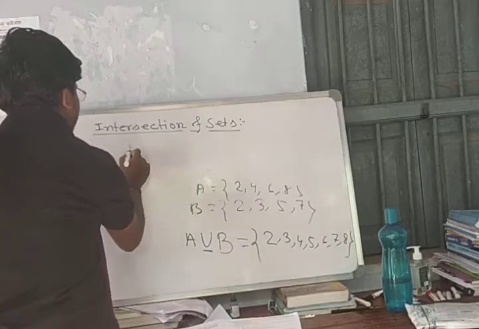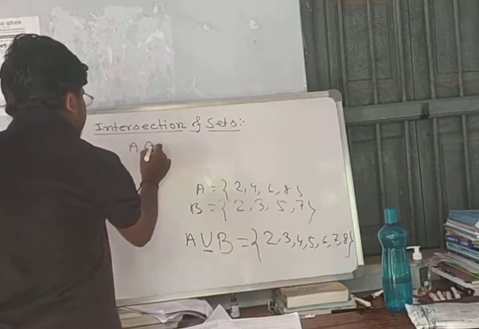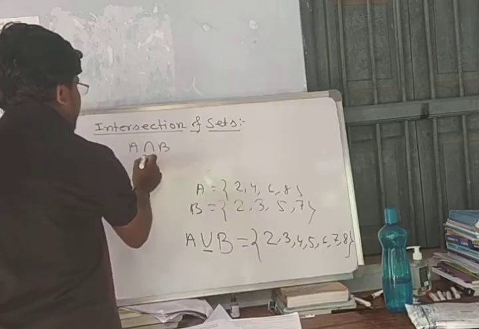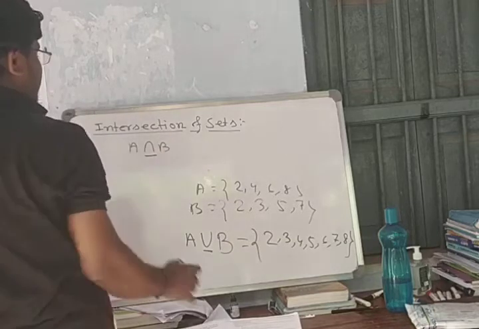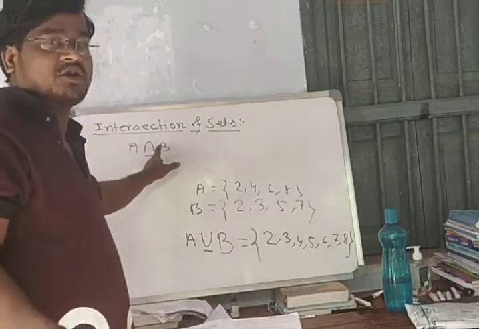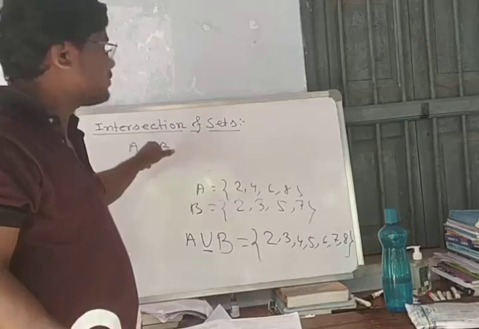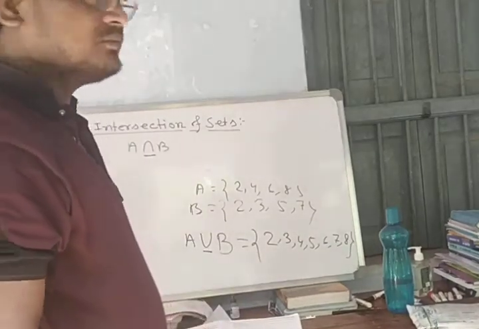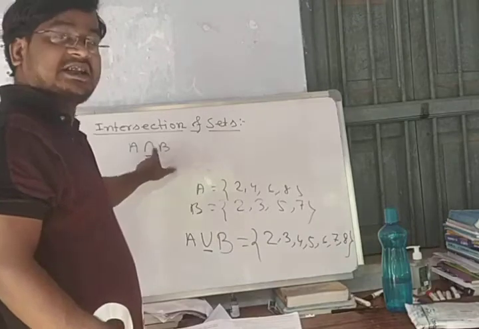Now if you have to find the intersection between two sets. The symbol of intersection is just the opposite of union, just like an upside-down U. This is called intersection.